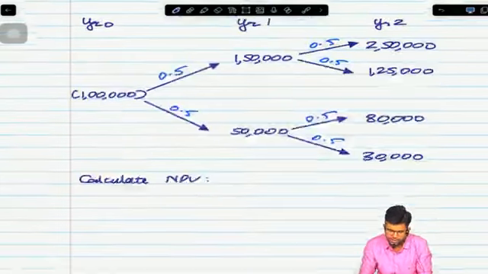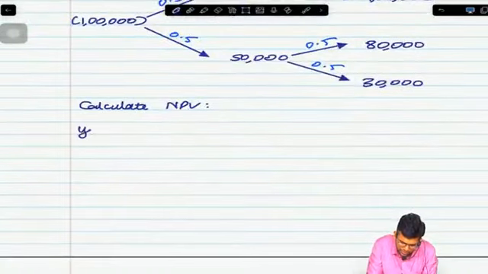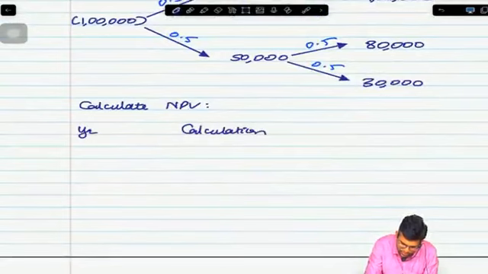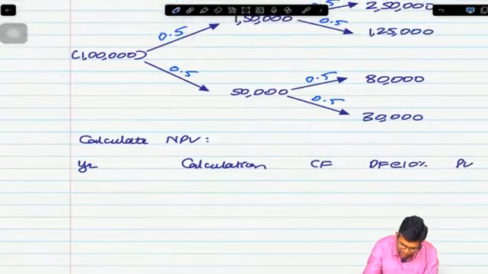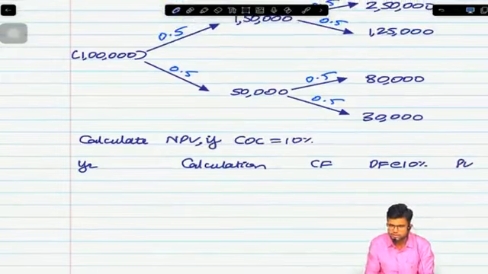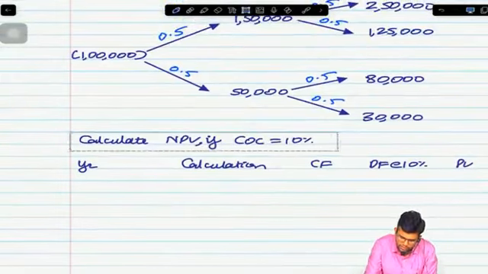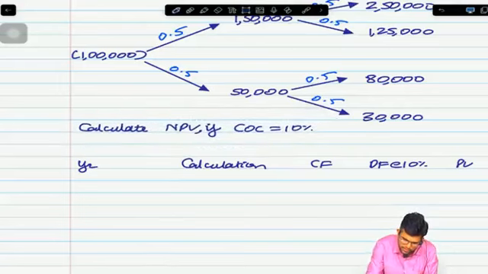So I'll make this table that you used to make in childhood: cash flow, discounting factor, let's say 10%, present value. Calculate NPV if COC is 10%. Remember this COC becomes your discounting rate. So this is the solution.